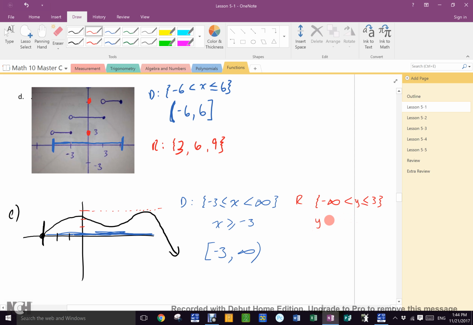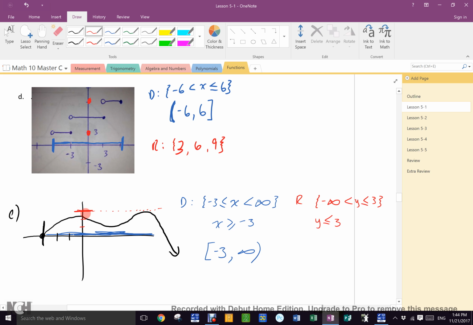Y must be what? Regular bracket. No, not interval yet. This one, because there's an infinity, we can write it this way and another way. What are all my y values on this graph going to be? Greater than or less than 3? Less than or equal to 3, because they all go down from there. Agreed?